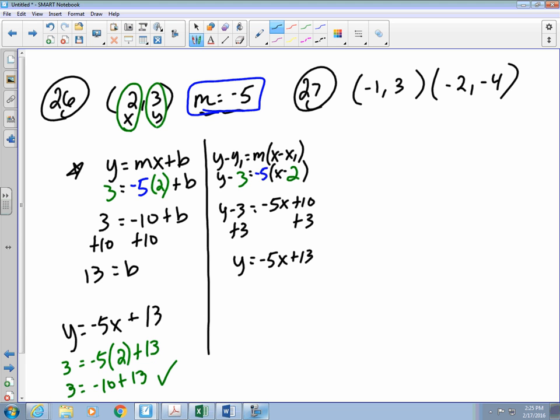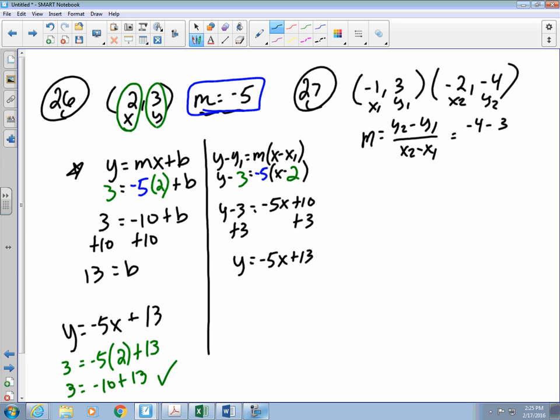Now, the only difference with 27 is that you have to do what you did in 25. You have to figure out the slope first. And then since you have two ordered pairs, you just pick one. You don't have to do either one. So label.